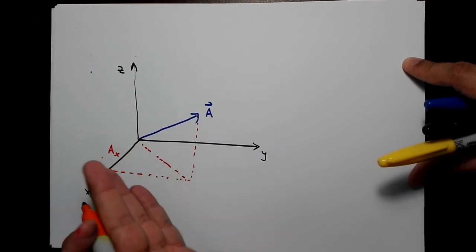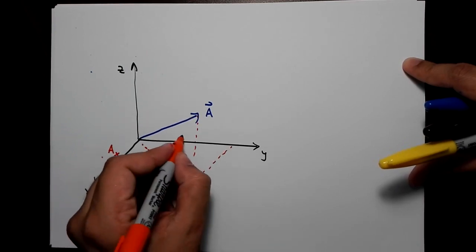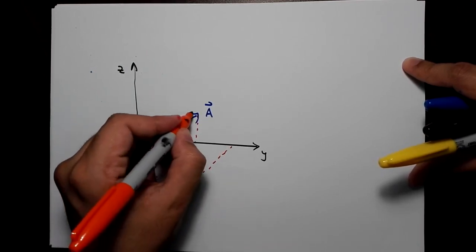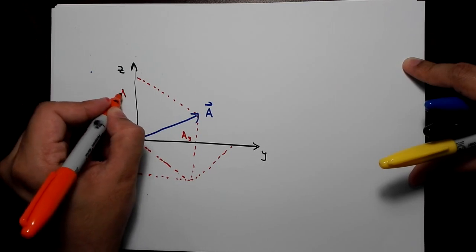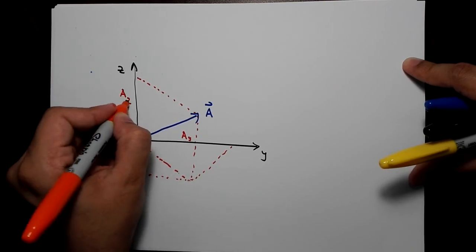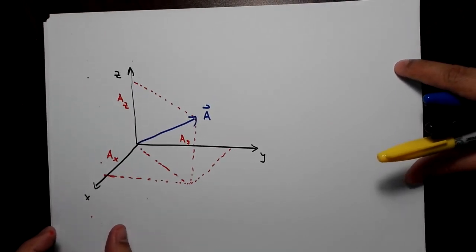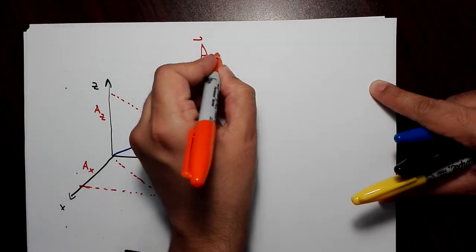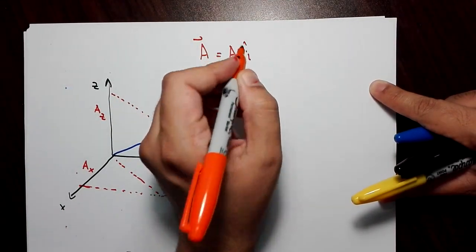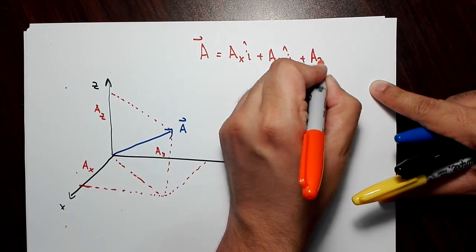The projection of this line on the y-axis is your y component. So this is your AY. And the projection of this on the z-axis is your z component. Okay. And the way you would write this vector is A equals AX i hat plus AY j hat plus AZ k hat.